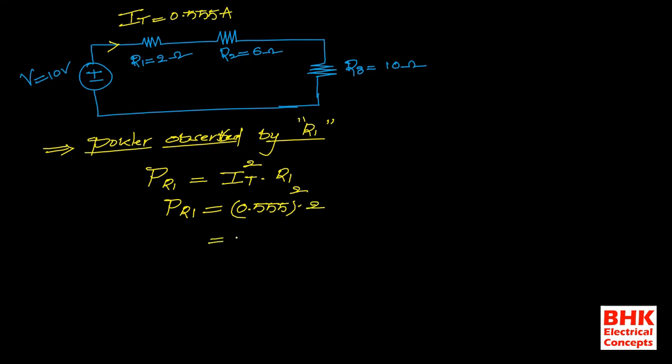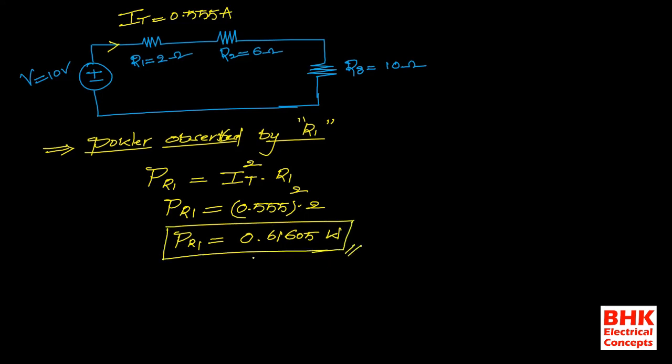Now by simplifying this one, you will get the value of 0.61605 watts, and we know that the unit of power is always watts. So the total current square into the value of R1 gives the power absorbed by R1, which is 0.61605 watts.